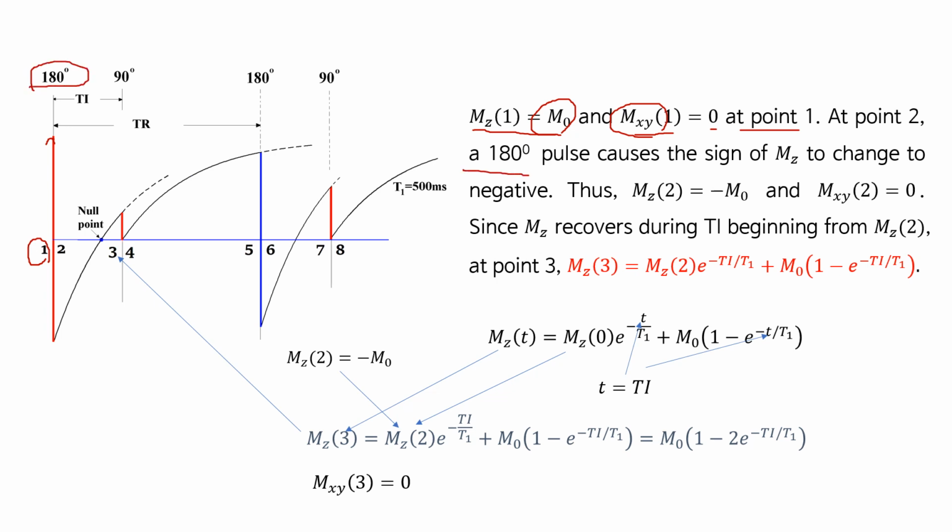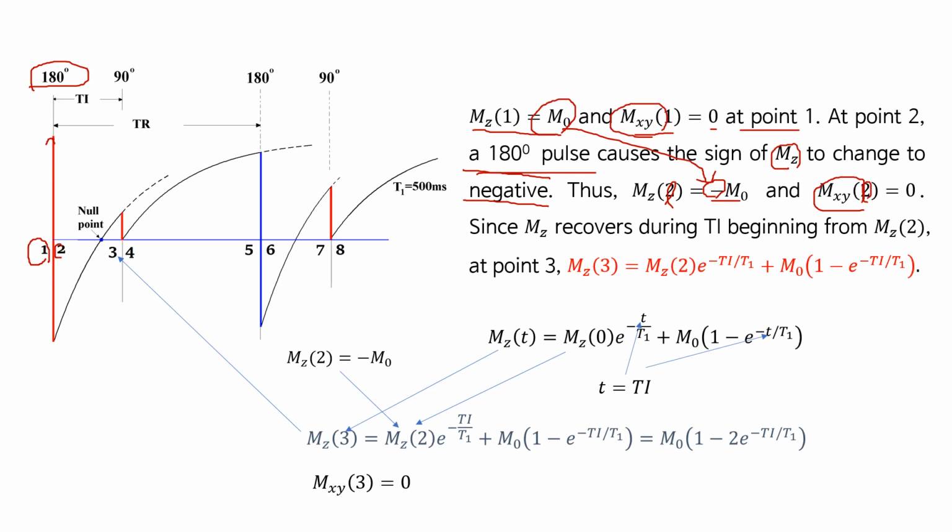So this 180 degree pulse causes the sign of Mz to change to negative, right? So at point 2, Mz will become minus M0, and still there is no transverse magnetization at point 2.